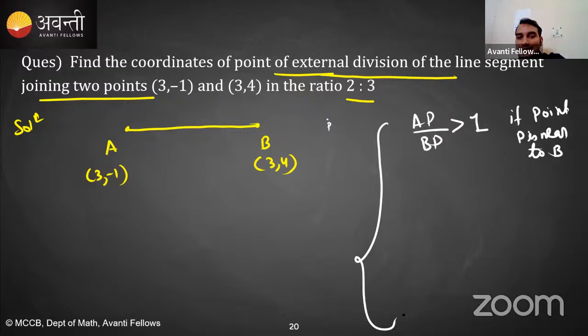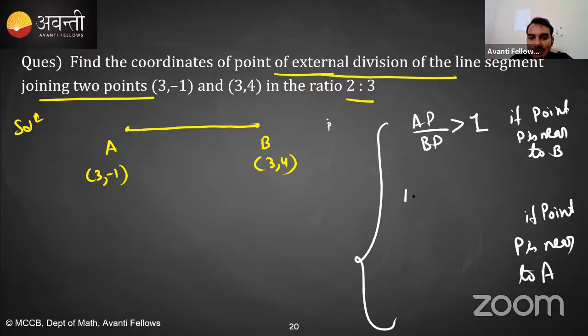This is for the internal, external. This is quite common sense actually. If point P is near to B, then BP length is lesser and AP length is bigger, right? And what if point P is near to A?